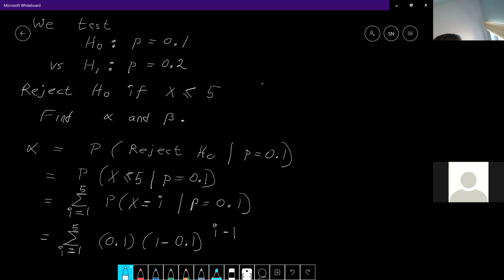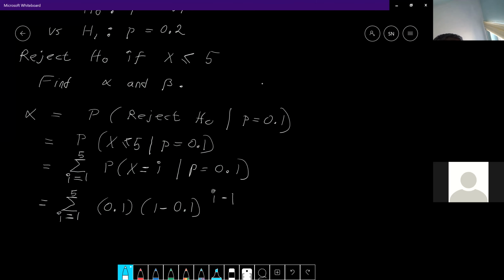Okay, so this is the probability mass function of a geometric variable. So in other words, this you can write as 0.1 times 0.9 to the power i minus 1.